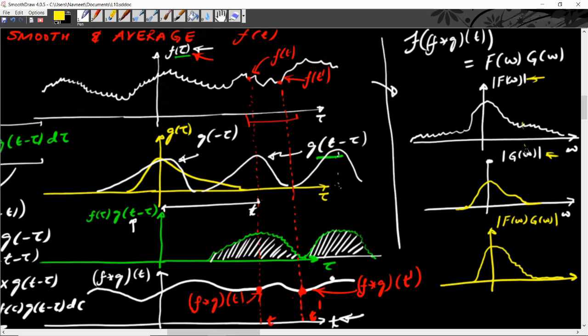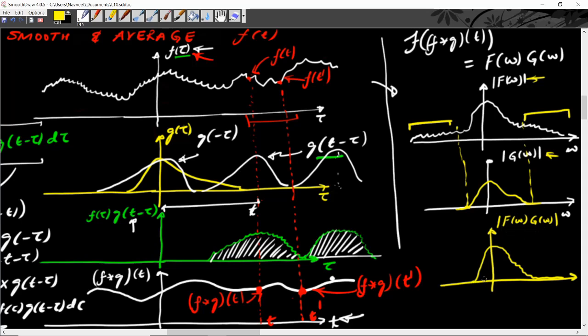So the idea is that the frequencies over here that are higher in magnitude are zeroed out due to multiplication with the Fourier transform of this function g. So the resulting product F omega times G omega does not have high frequencies.